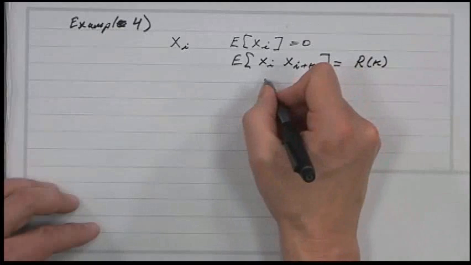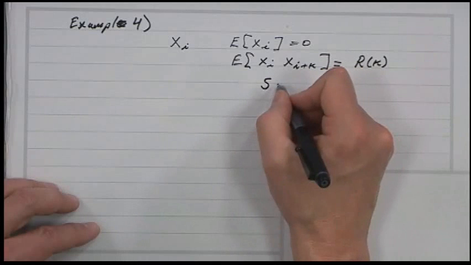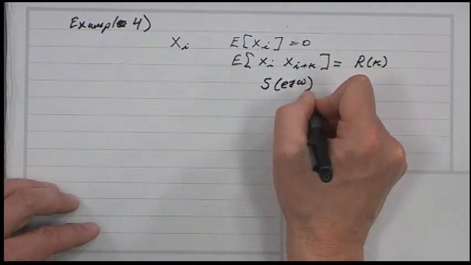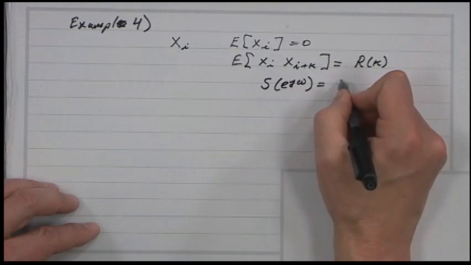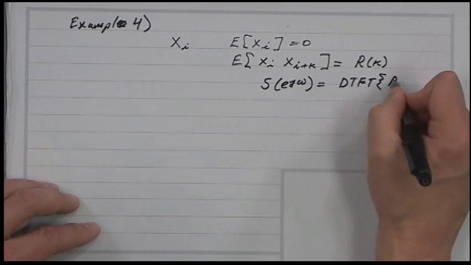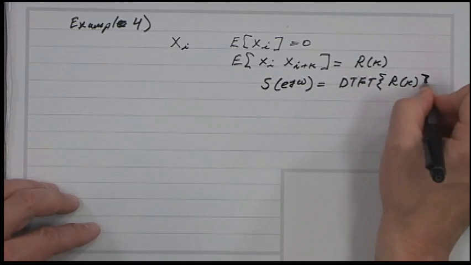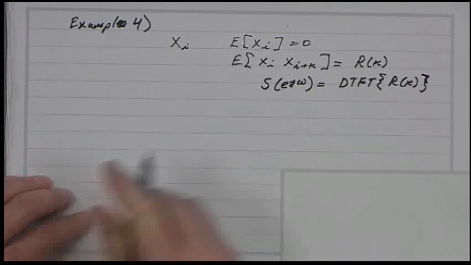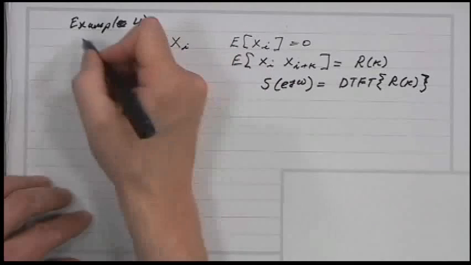Then S(e^{jω}) is the power spectrum, the discrete-time Fourier transform of r(k), right? Right. So now this is a Gaussian random process.